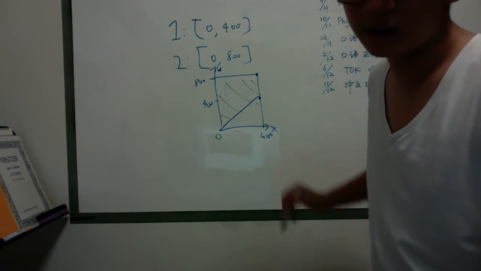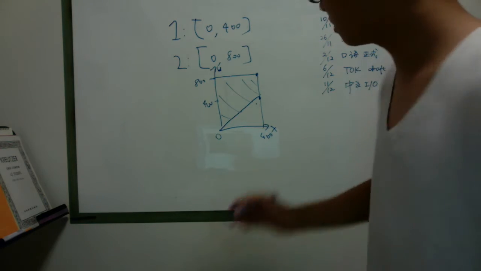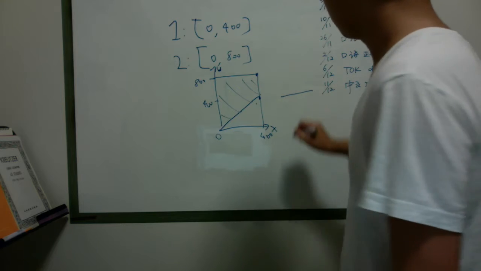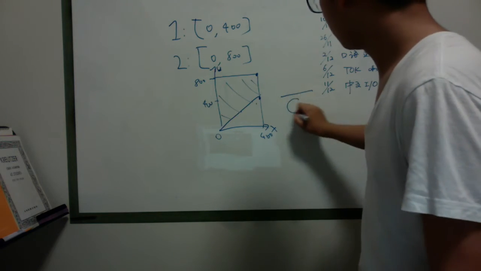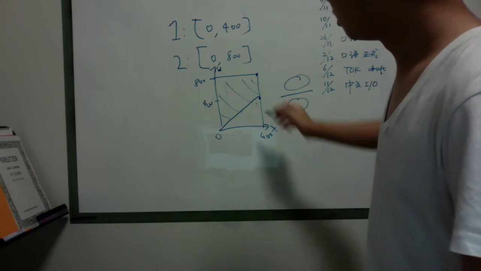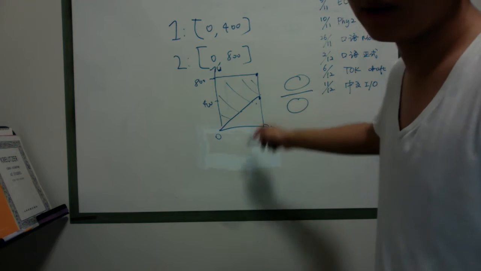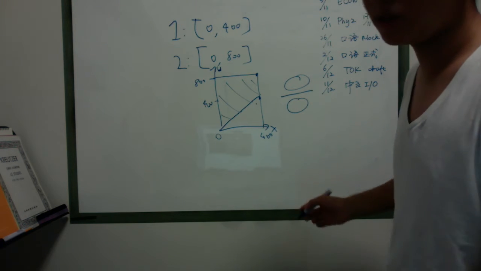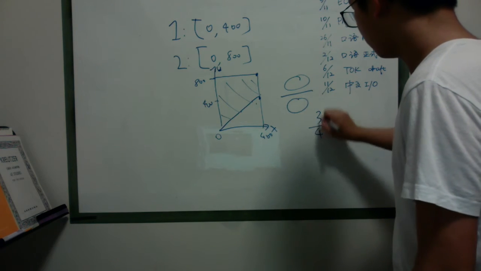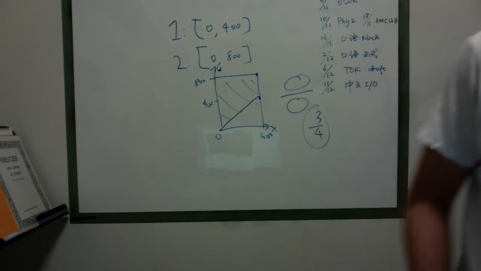So this area here, and the total cases is this whole area. The area of this trapezium is the numerator and the whole area is the denominator. We can see that this triangle is 1/4 of the whole area, so the probability is basically 3/4. This is how we can geometrically solve this.